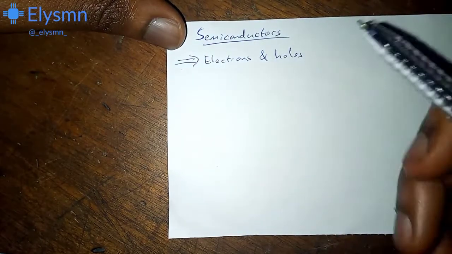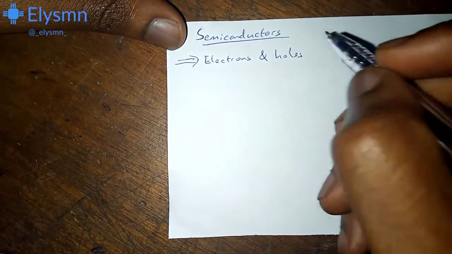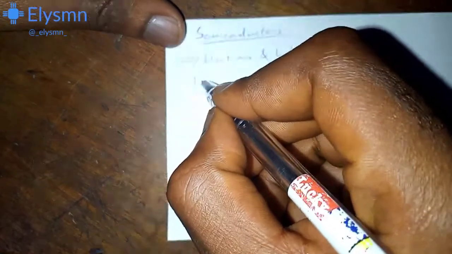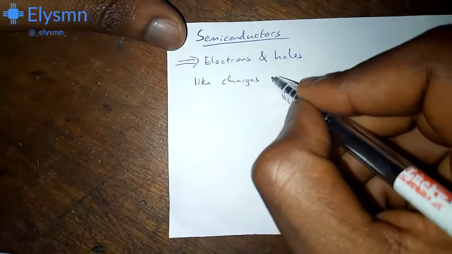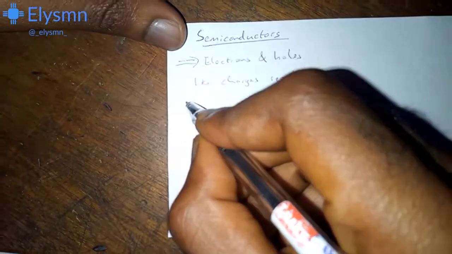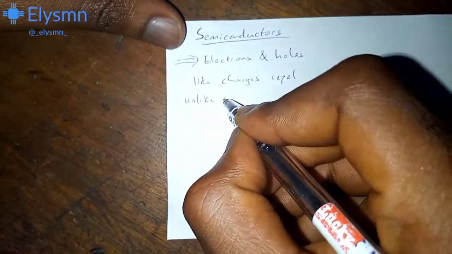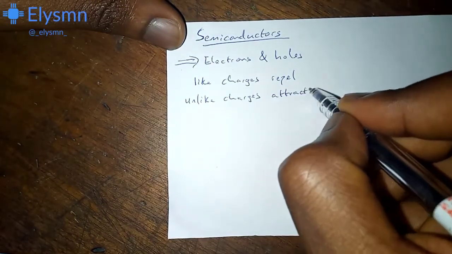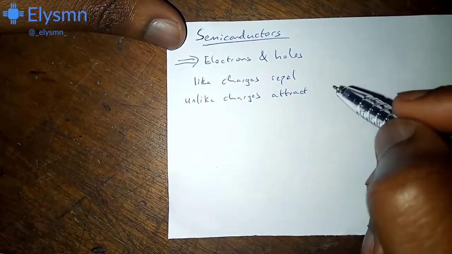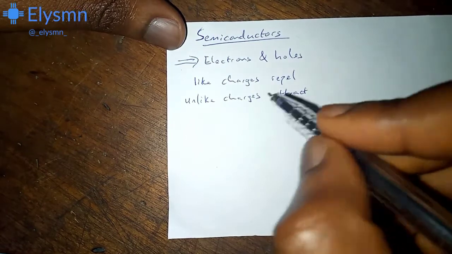When discussing electrons and holes, we need to remember that like charges repel and unlike charges attract. So every charge is looking towards getting a balance of a positive and a negative.